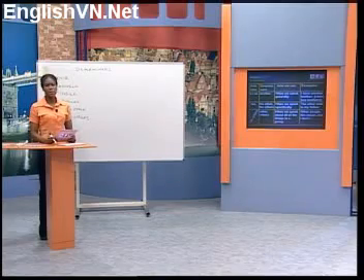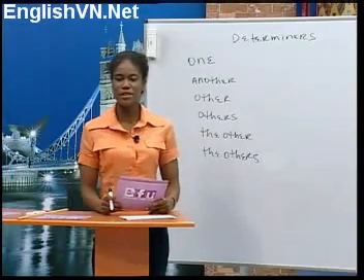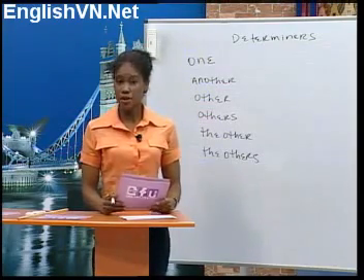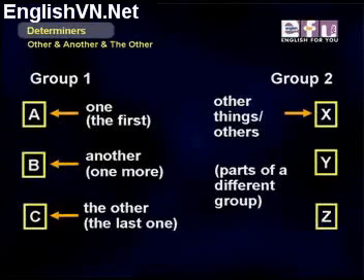Now let's look more carefully at how we use these determiners to talk about groups and parts of a group. Take a look at your chart for some explanations. Okay, we have two groups. Group 1, let's say, is an English class, our English class. Group 2 is a Spanish class. In our Group 1, we have 3 students total. So we call the first student 1, that would be Sylvia, for example.